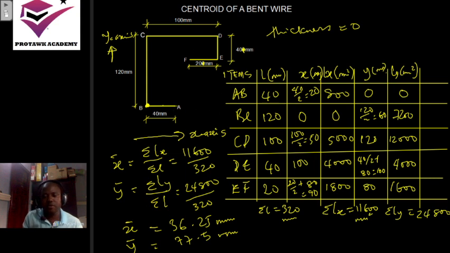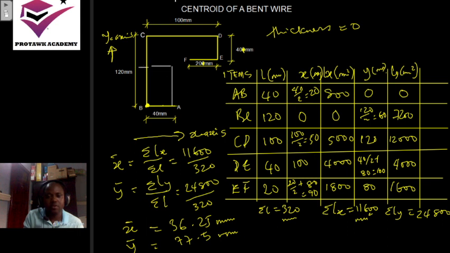This is the portion of 36.25, and along the y-axis we're looking at 77.5. Half of this member is 60, so 77.5 should be somewhere here within this region.